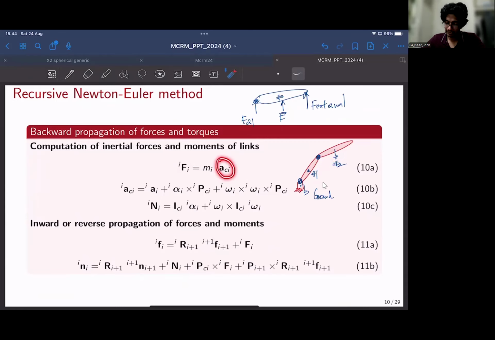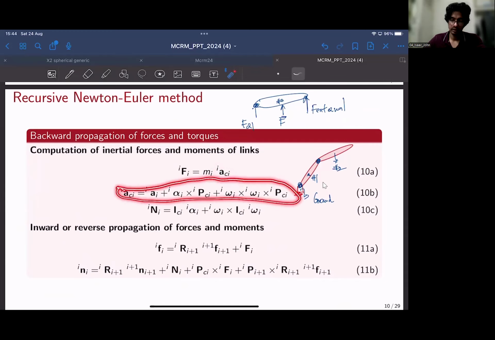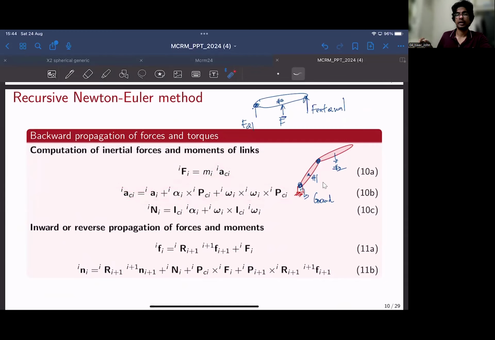And this component ACI is nothing but the acceleration of the center of gravity, and it is given by equation 10b. It's very similar to the equation that we derived in the case of the revolute joint, and it consists of a tangential acceleration and a radial acceleration plus the acceleration of the previous joint.